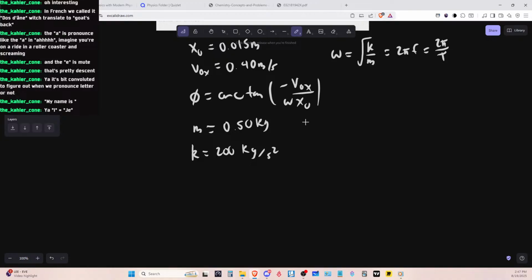So now for omega, we can calculate that. Omega in this case is the square root of, which is equal to 20 radians per second. And now, since we have omega, we can solve the other things.